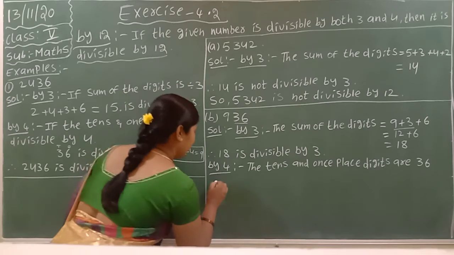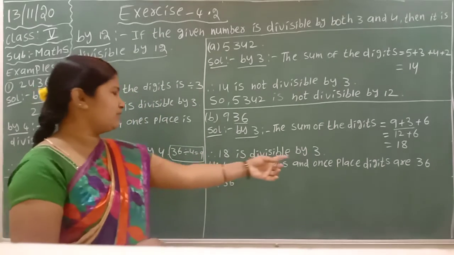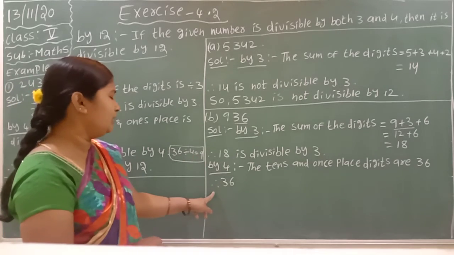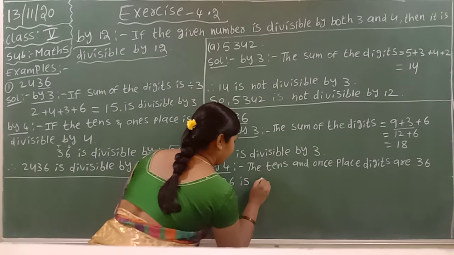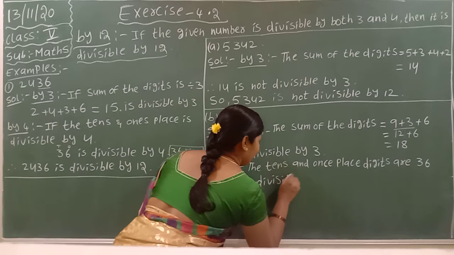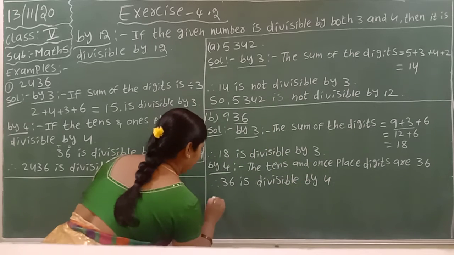Okay, here therefore 36. In the 4 table also we will get 36. 4 nines 36. Therefore 36 is divisible by 4.